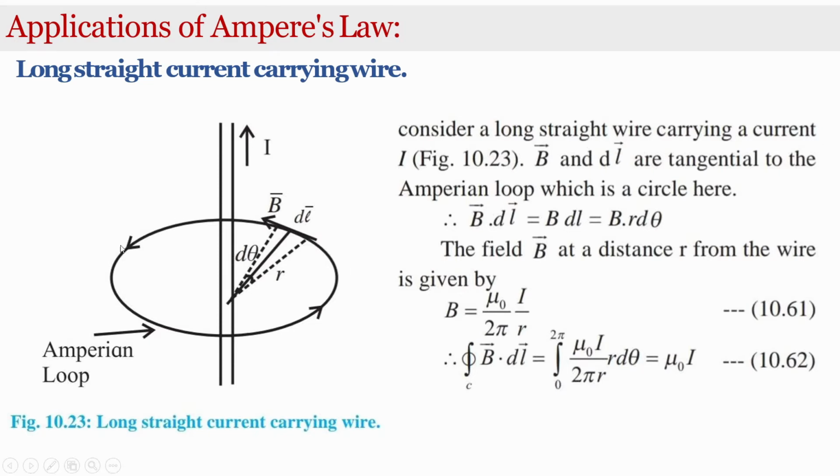For a complete circular loop that is 2 pi. Substituting 2 pi, the 2 pi gets cancelled, so what remains is only mu naught I. So we get the line integral of B dot dl equal to mu naught I, and that is Ampere's law. That is the explanation for the application of Ampere's law for a long straight current carrying wire.